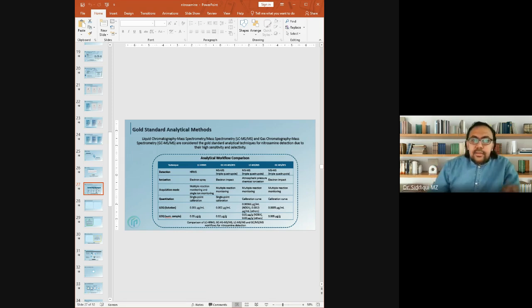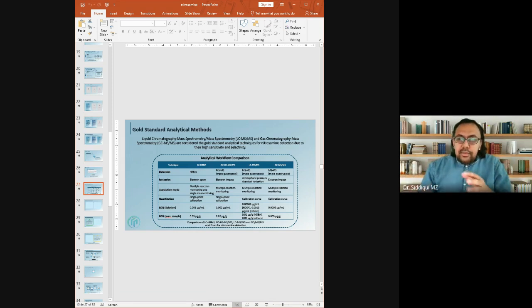But this comparison also underscores that there is no single analytical approach that can be suitable for all scenarios. So the method should be strategically designed, and the choice should balance sensitivity, robustness, and operational feasibility.